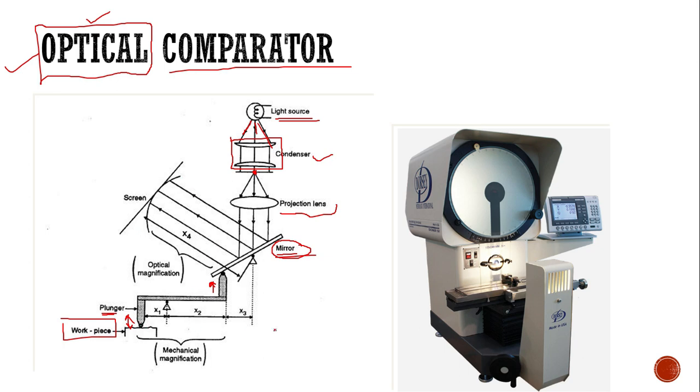First, the standard object is placed just below this plunger. For example, as we have discussed previously, if it is 99.5, then we have to consider this line as a reference line. As in the case of the dial indicator, first we make it 0 and then we go for taking measurements.